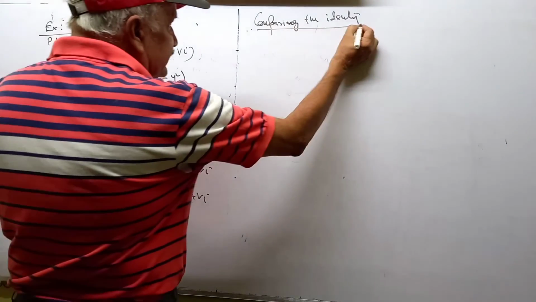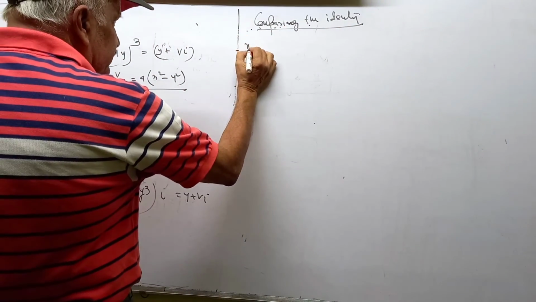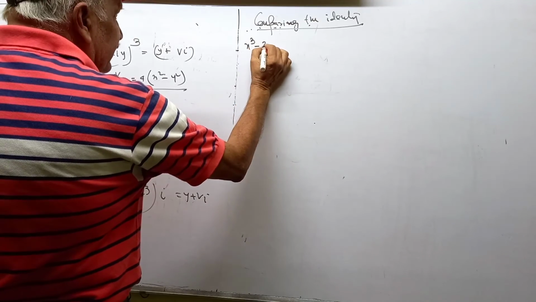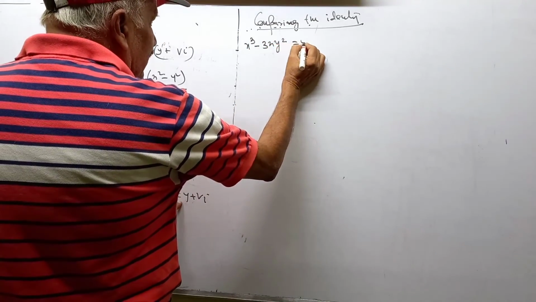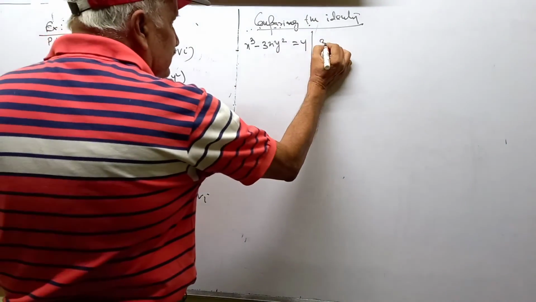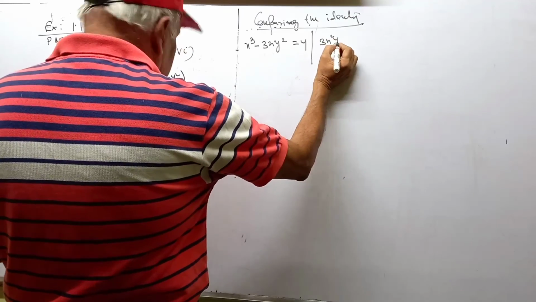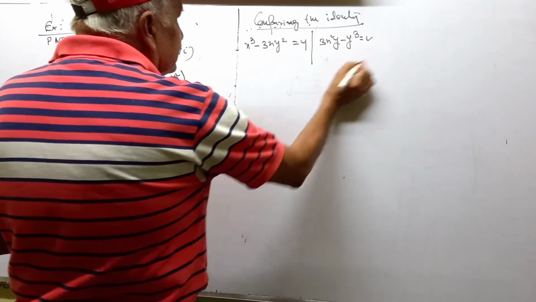Comparing the identity, that means x cube minus 3x y square equal to y, and 3x square y minus y cube equal to v.